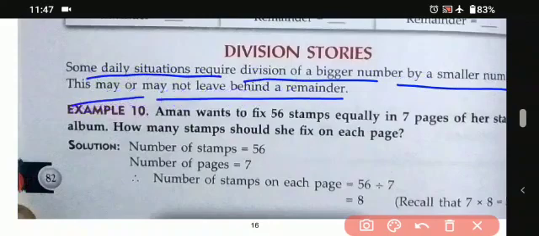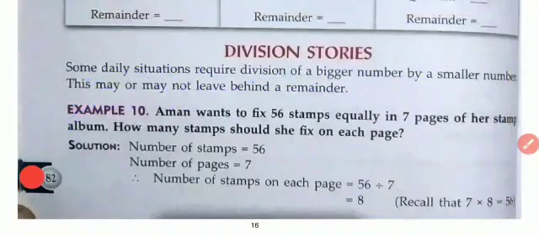So there is a story, and there is an example like this, and maybe when I solve this problem, we won't get a remainder. I'll tell you how it works. Aman wants to fix 56 stamps equally in 7 pages of her stamp album.